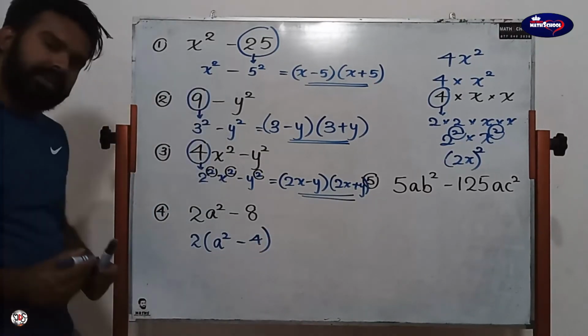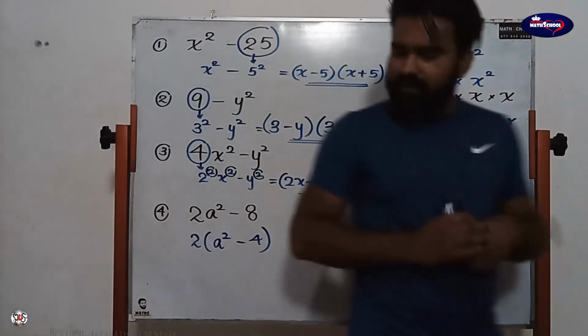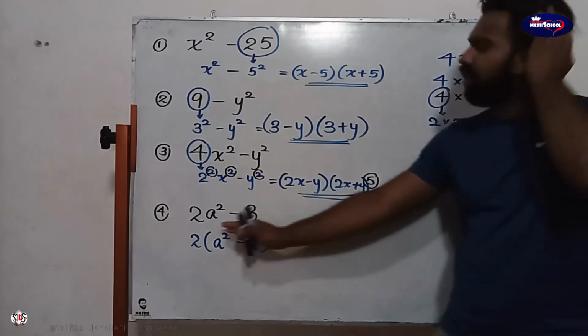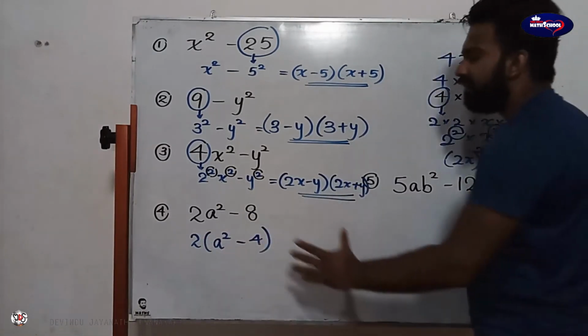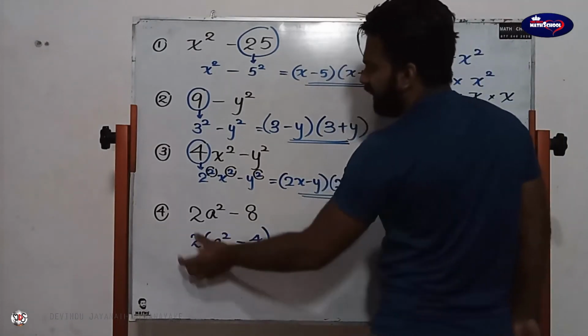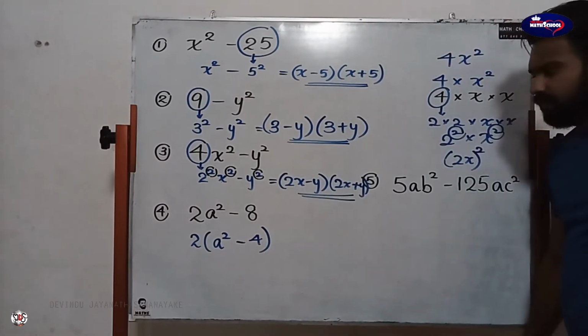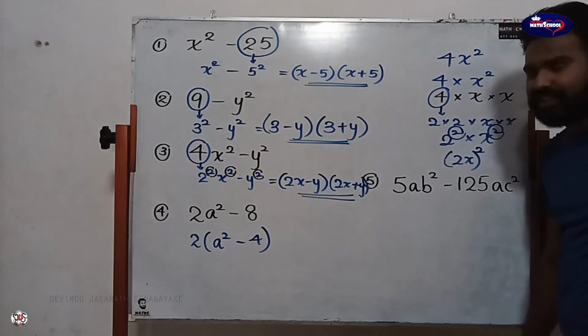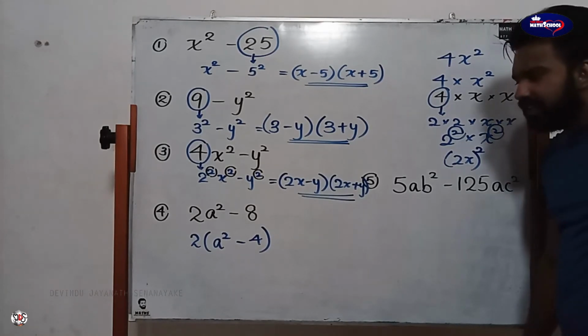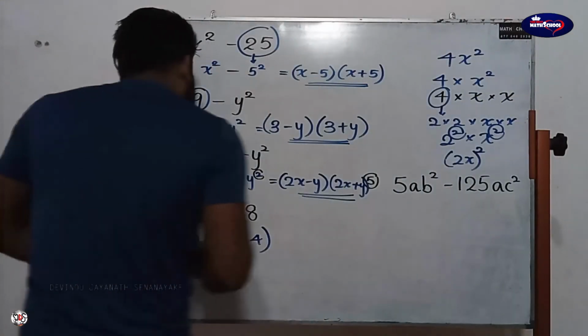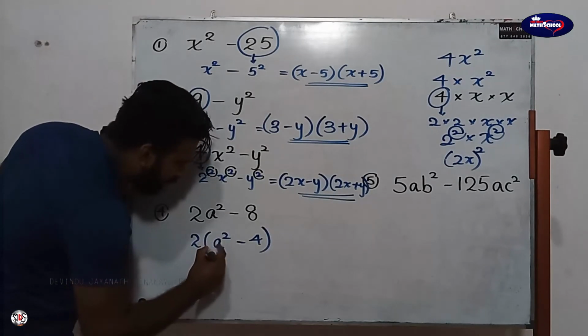Now we have taken the common factor 2 out and written it as two products: 2 into a squared minus 4. Not yet finished. Now we have factors, but this part can be factorized again.